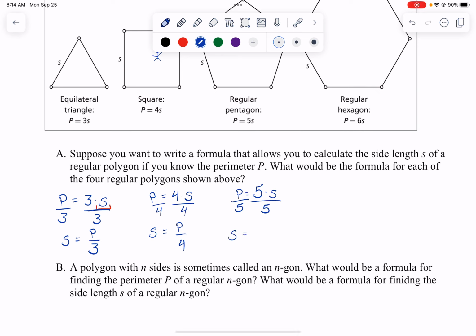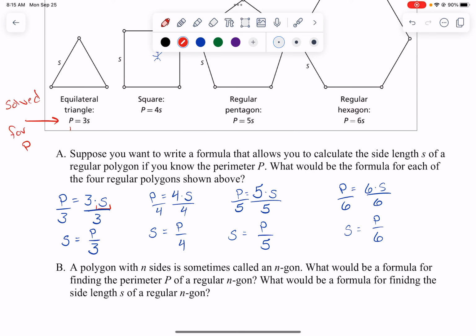The side length S equals P divided by 5. And then for a hexagon, which is 6 sides, divide both sides by 6. S equals P divided by 6. So what we did is we just rewrote these equations for solving for a different variable. Right now, all these equations are solved for P.